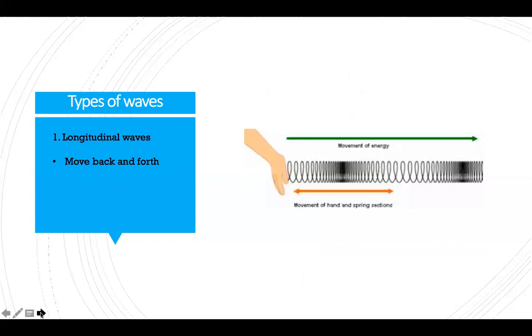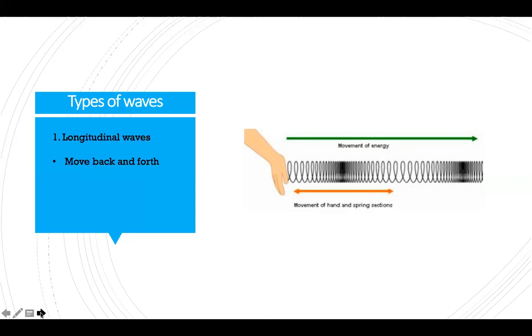There are different types of waves. The first type is known as the longitudinal waves. Waves are made when something vibrates. Things that vibrate move back and forth.